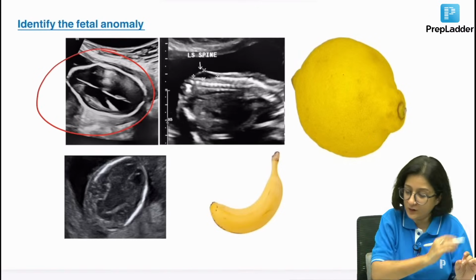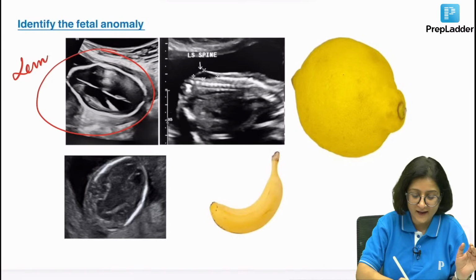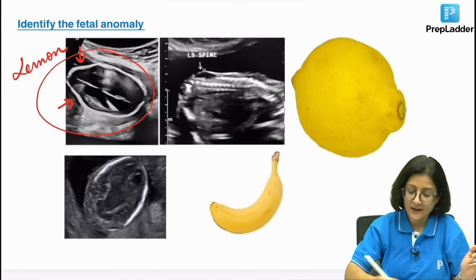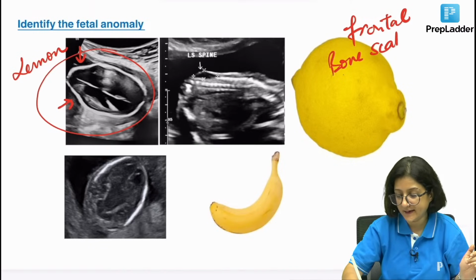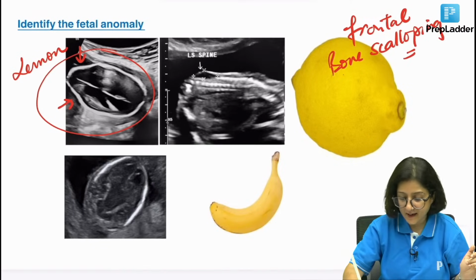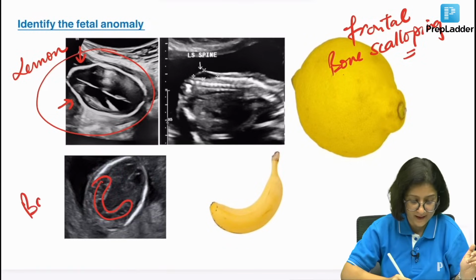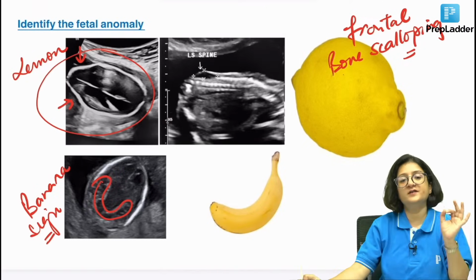Doesn't this look like a lemon? If you just place it on the side here, this is the lemon sign. This is frontal bone scalloping. That is the lemon sign, right? And there is a curvature of the cerebellum here, which we call the banana sign, right? Anterior curvature of the cerebellum.